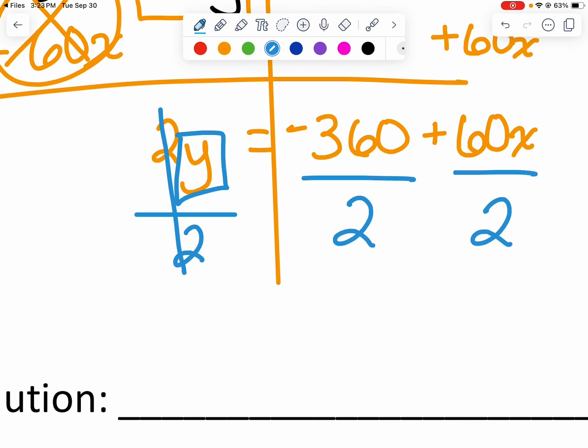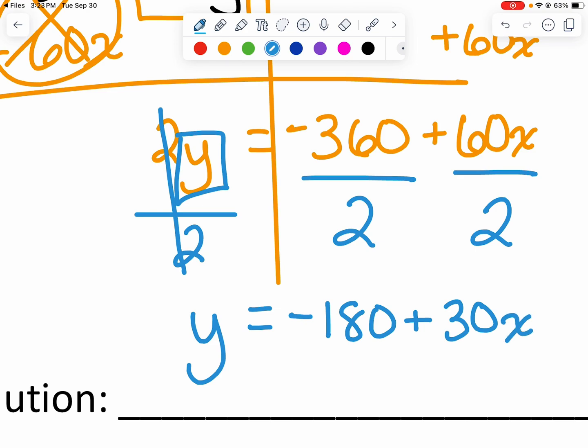And I crossed this one out because 2 divided by 2 is just 1, so I'm left with y. I have negative 360 divided by 2. So we can put that into our calculator. And we get negative 180 plus 60x divided by 2 is 30x.